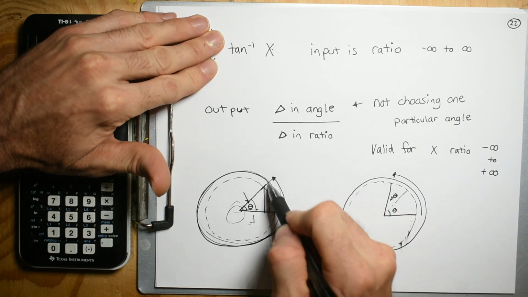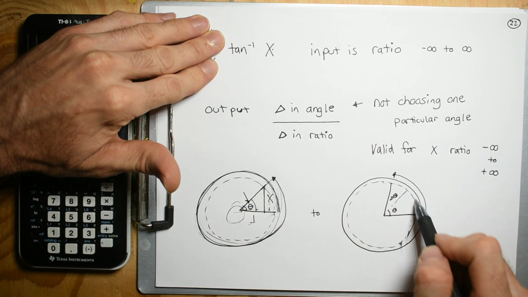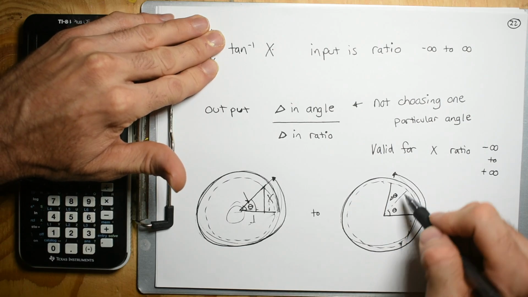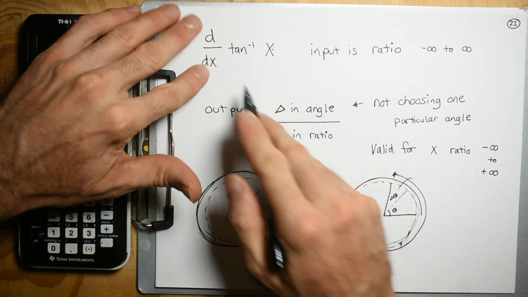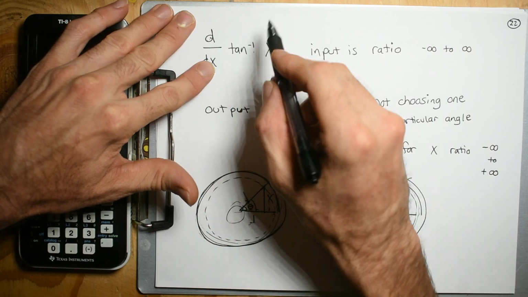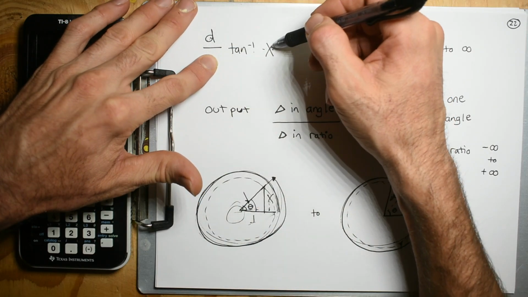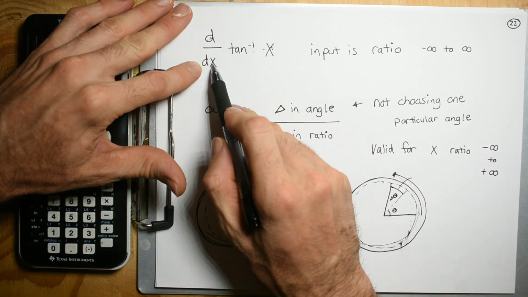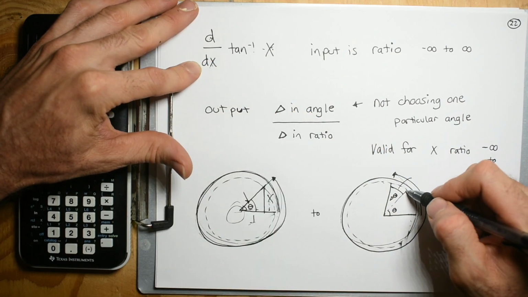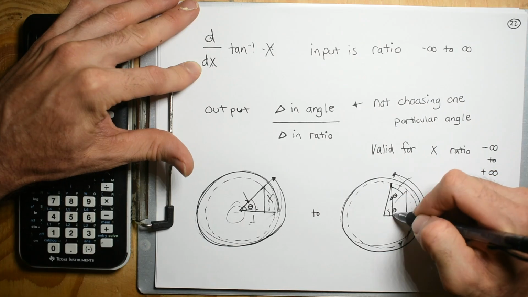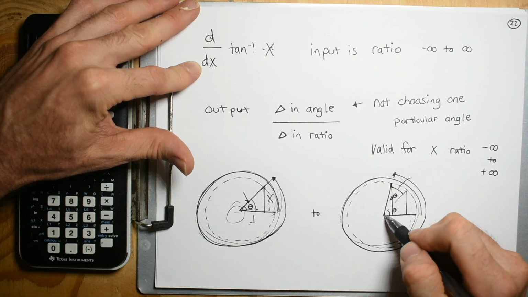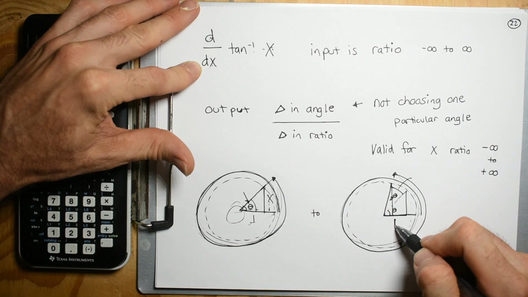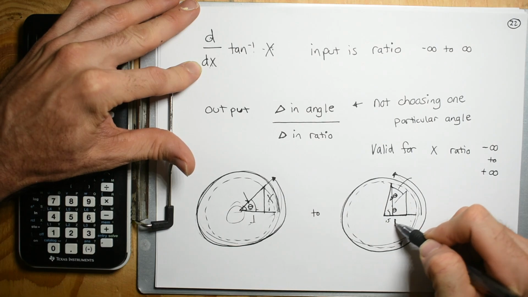So if I did this from there to a little bit farther, the derivative, the top part, is going to be the change in the angles. So that's going to be that part right there as I change the ratio. The ratio went from here to there. Let's say this was 1, and now this is 0.5.